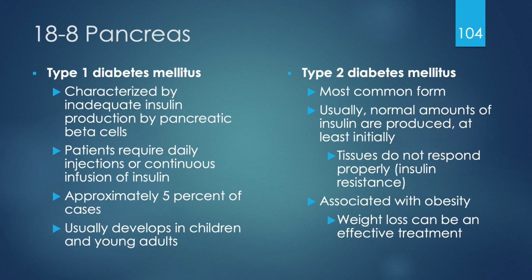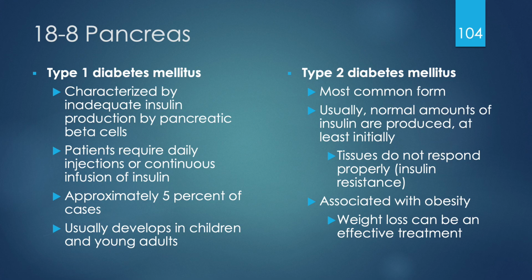Diabetes mellitus is broken down into two different types, type 1 and type 2. Type 2 is probably what you're most familiar with because it is the most common type that you see in the United States. Type 1 diabetes mellitus used to be known as childhood diabetes, but that's not always entirely true. Type 1 is caused by inadequate insulin production by our pancreatic beta cells.